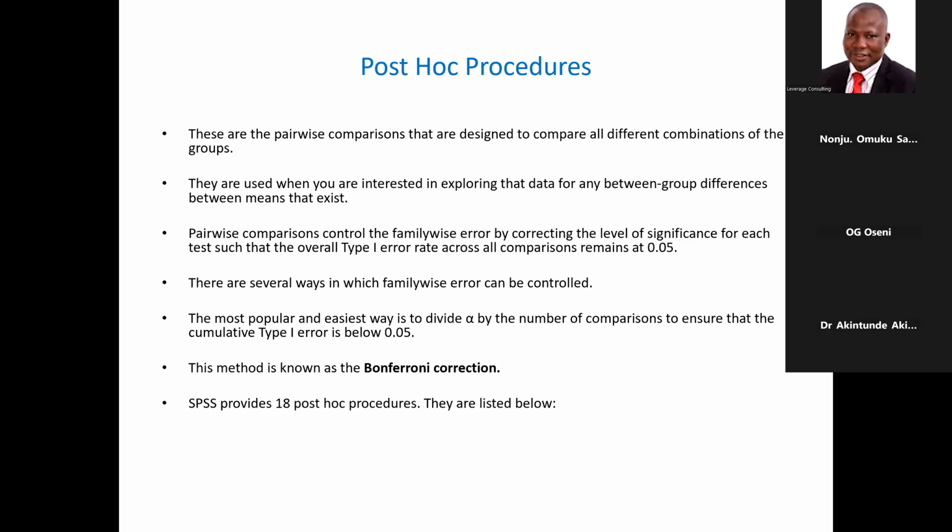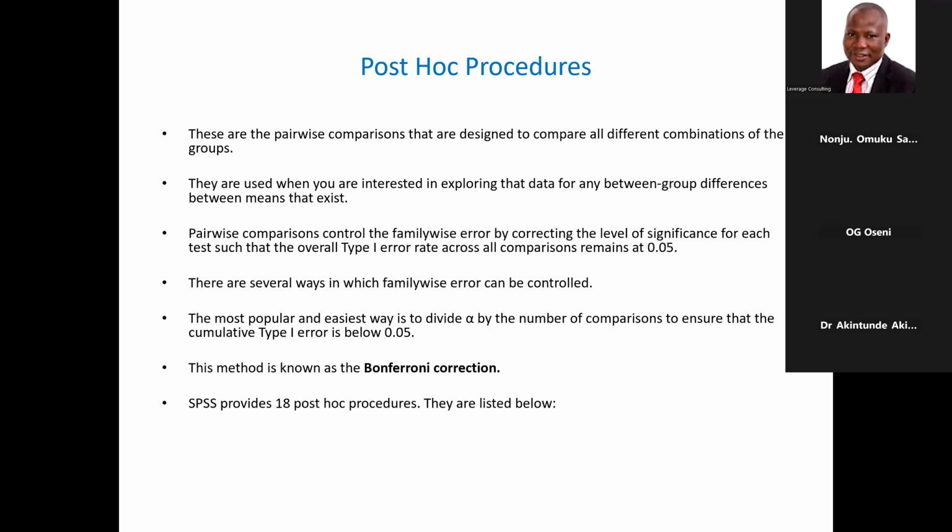The most popular and easiest is to divide by the number of comparisons to ensure that the cumulative type 1 error is below 0.05. This method is what we call Bonferroni correction. If you do 3 tests, you divide the probability of committing type 1 error by 3, so that you slash it.